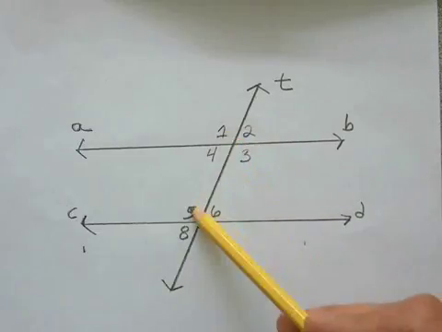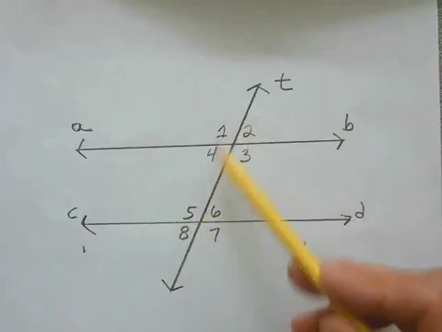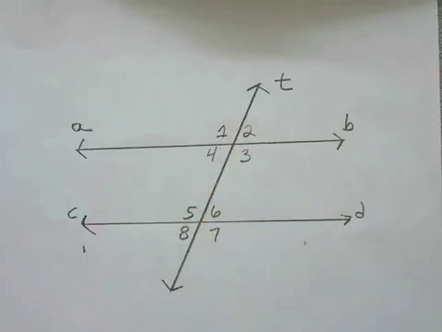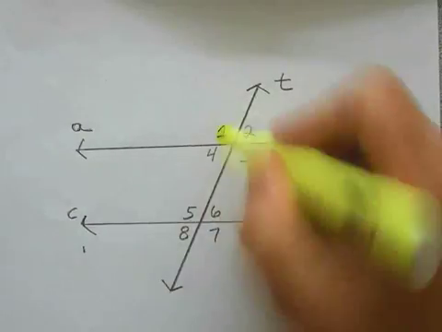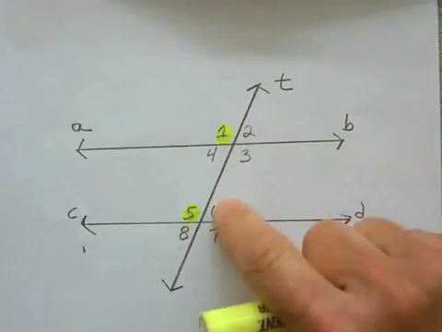Angle 1 and angle 5 are both on the left side of it, and they are both, if you will, above the parallel line. So let me just highlight that if I can in yellow. So angle 1 and angle 5 would be an example of corresponding angles. And so would angles 2 and 6.